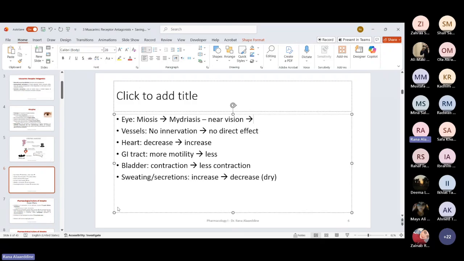Will the person be able to see something that's near? So it will impair near vision. Okay. All right. So this is mainly it. If I remember something else, I will add it in a bit.